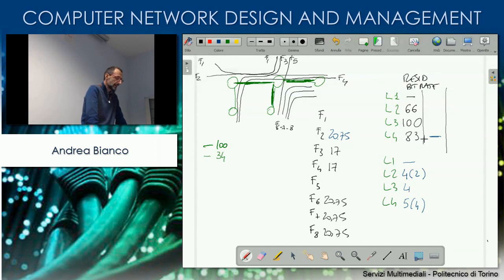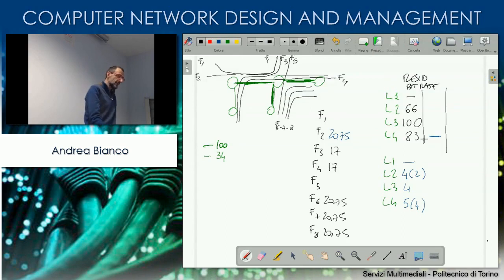No, it's 66 minus... if you do this computation, you have to do 100 minus all of the rates allocated to all the flows, which is not what you did. You took the residual, which is 66. From the residual, you have to subtract the difference between 17 and 20 to compute what is left.